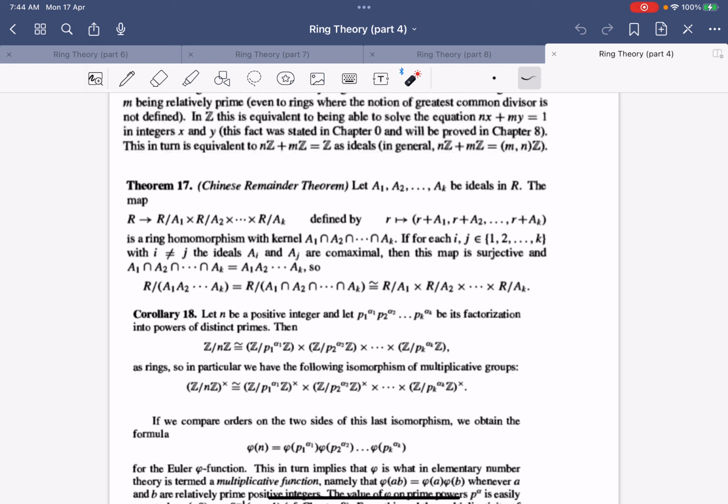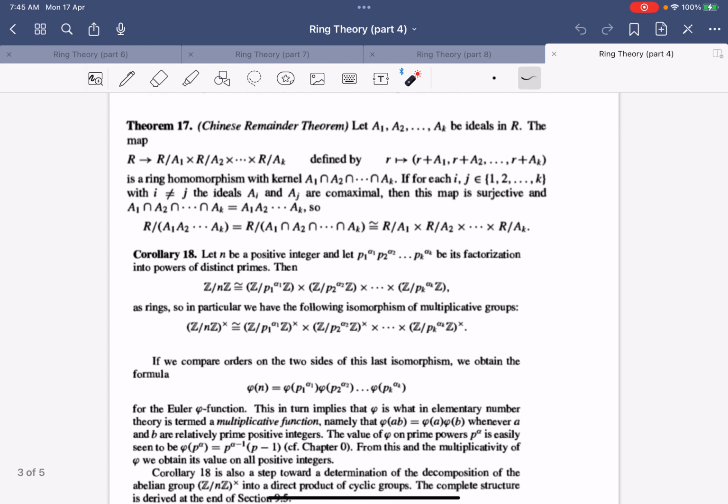And this is actually a ring homomorphism with the kernel as the intersection of everything. And so by the first isomorphism theorem, you can show that R over the product of all these coprime ideals equals R over this intersection, which then has to be isomorphic to the image. And the map is surjective, so the image is just the whole codomain.